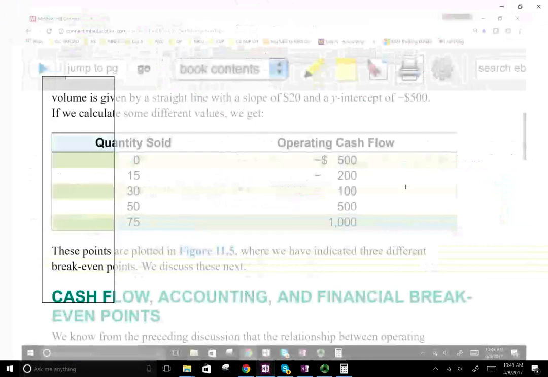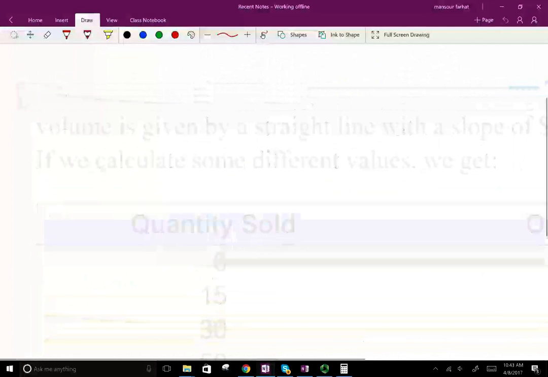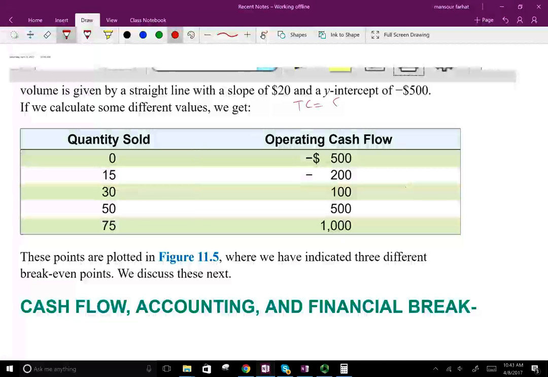Let's do it again here to see how it works. Once again, total cost equals fixed cost plus variable cost, so the fixed cost is 500 plus 20 times Q. Starting with the first plug, if the quantity is 0, the cash flow is negative 500.